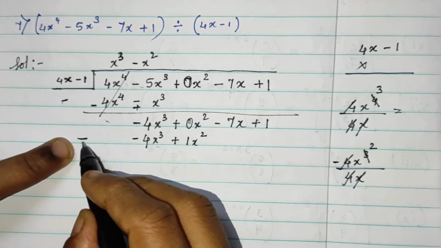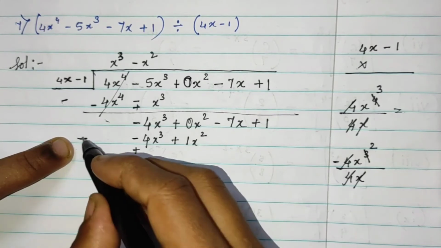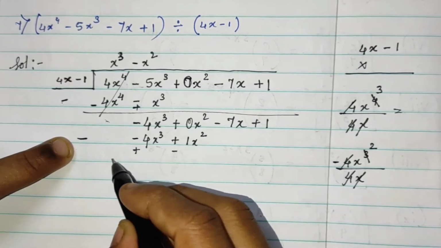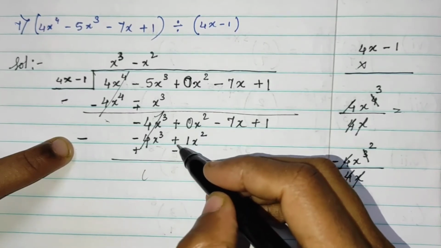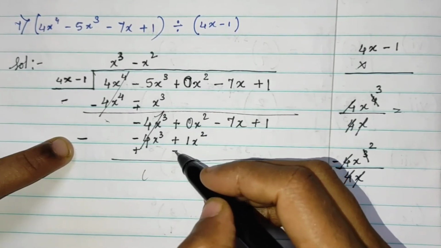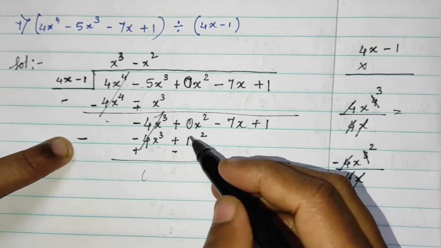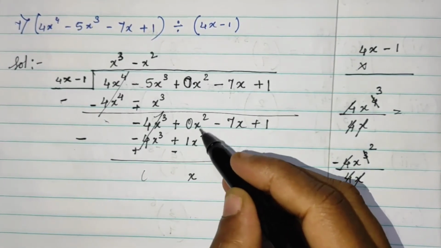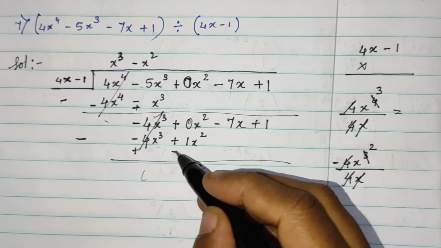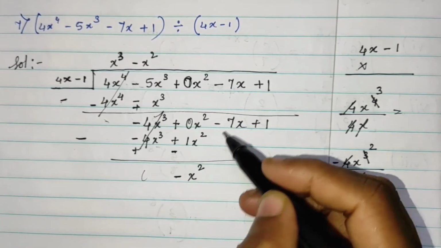Division का minus, minus into minus plus, minus into plus minus. So this will become 0, minus plus minus minus. So 1 minus 0, 1. We do not show 1. X square, but now it has a negative sign.